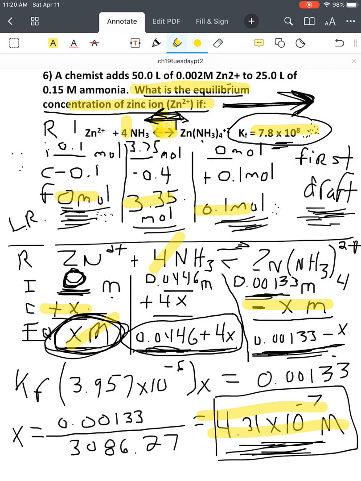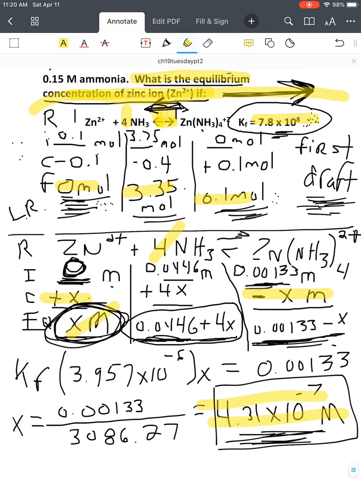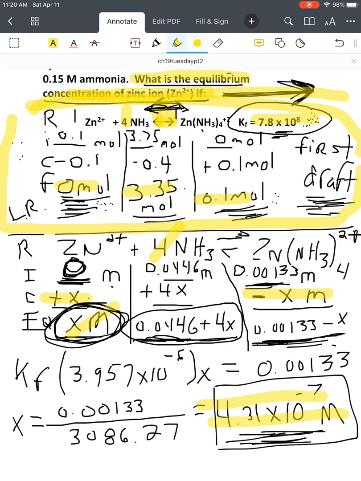And what's really different about this with the KF business is I like to come in and do a rough draft first. And to help me do that, I assume that the reaction's a one-way street, that it proceeds to completion, and then after that, we move back to the left. And that was done down here, right, in the rice table.